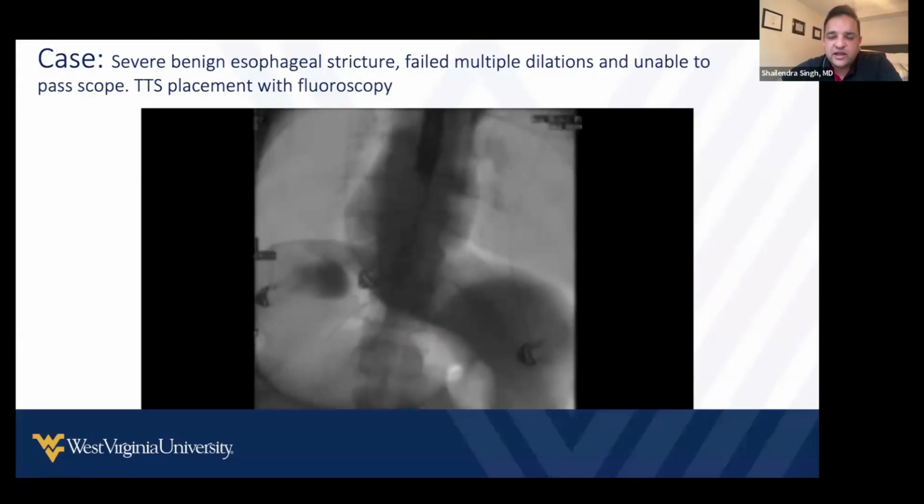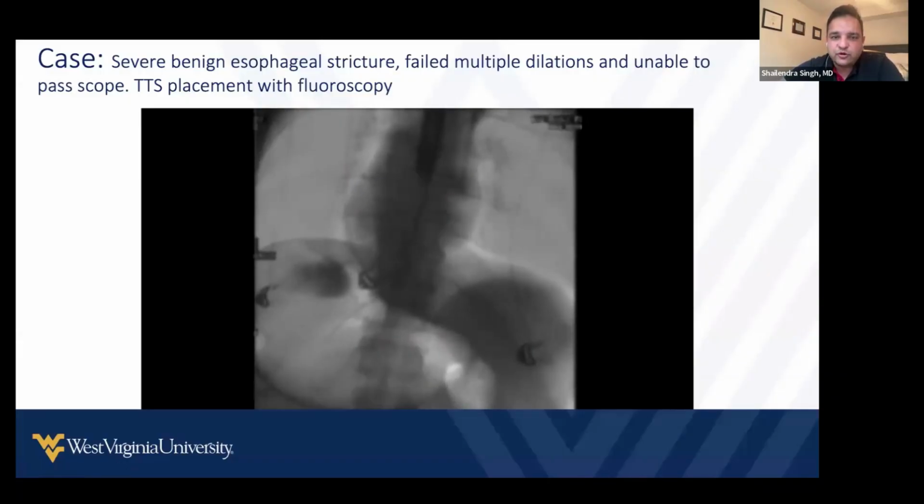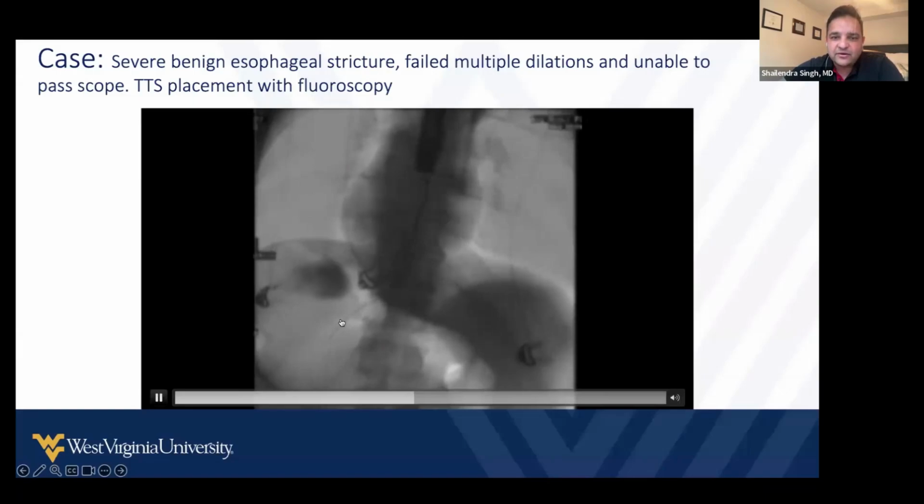So what I can do here is, while I pass this catheter extraction balloon, I will inject some contrast. I see my wire is curled in the stomach. I see some contrast in the stomach and outlining of the contrast as well.